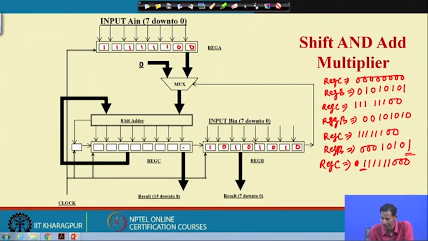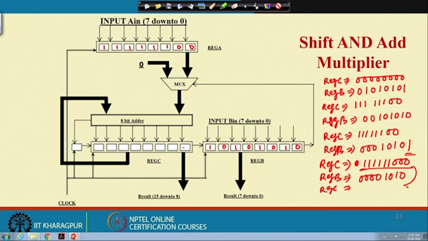Okay. So, now again this 0 will come. So, that means now at that time register B will be 0 0 0 0 1 0 1 0. So, then again 0 means register C will remain the same. So, register B again will change its value to 0 0 0 0 0 1 0 1. Okay. So, then again one of this will come.